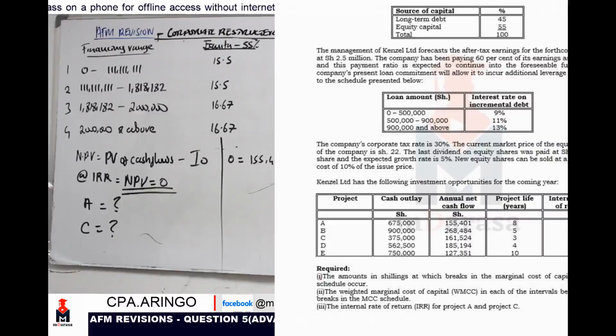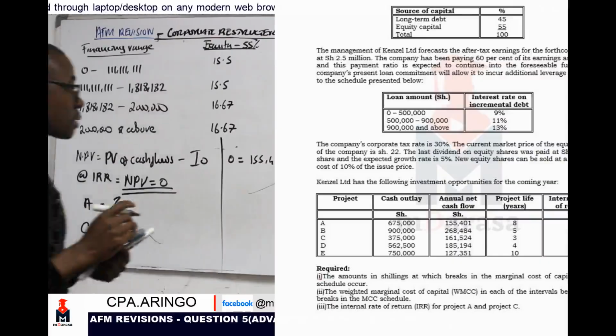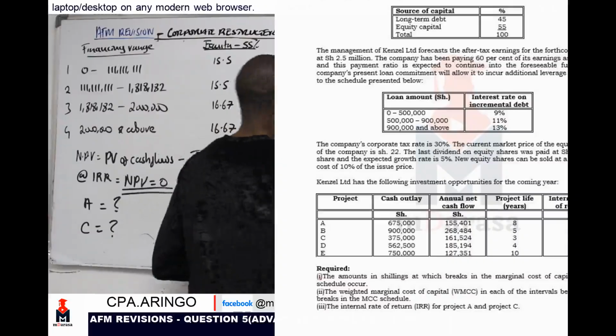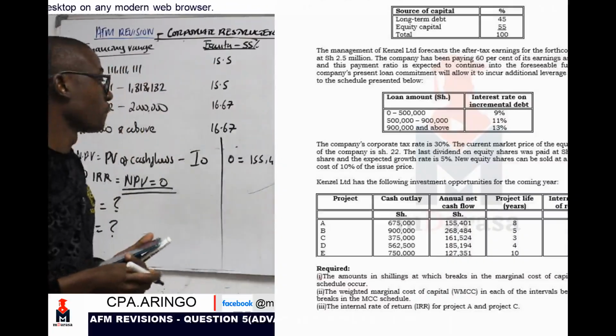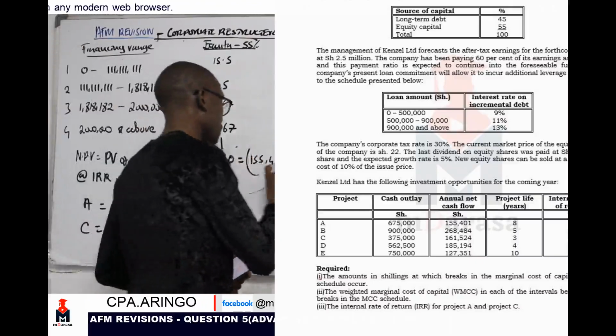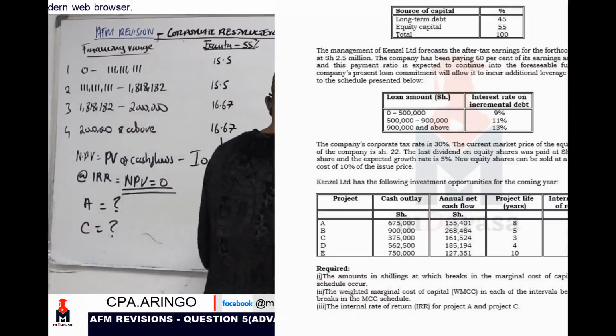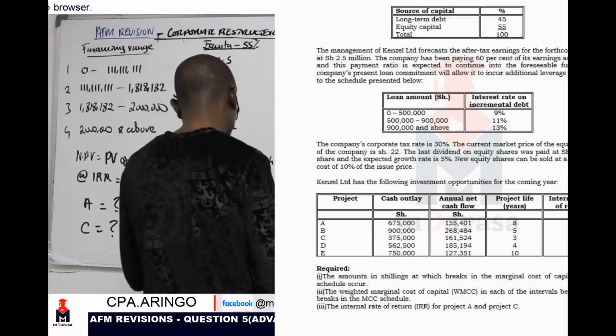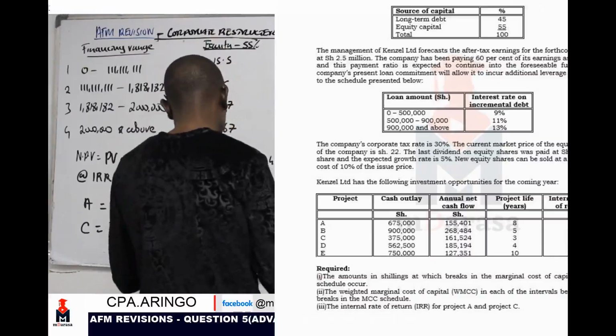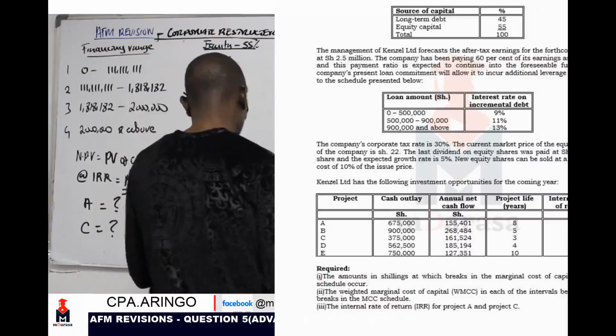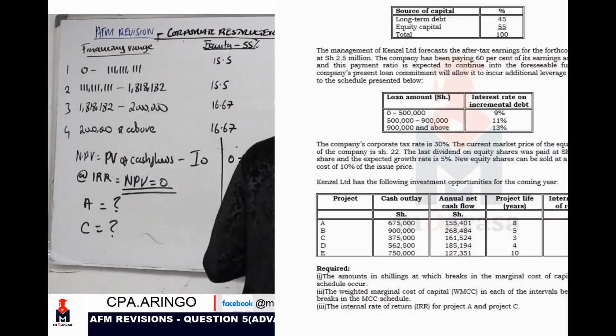So that is what you are going to basically consider. Project life of A is 8 years, not 3 years of A. The other one is 3 years for C, right? So the first one will be having 8 years, minus initial outlay for project A, I'm given 675,000, right?